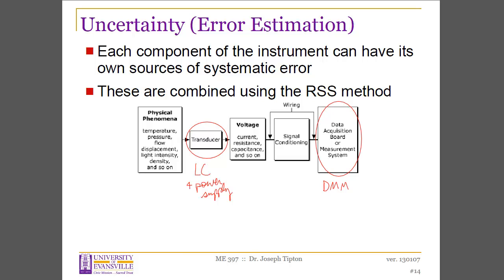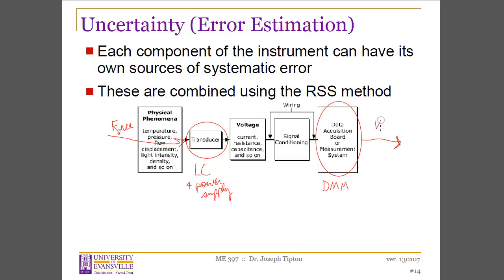In this case, our physical phenomenon is going to be a force. That force is turned by the load cell into a voltage, which is then passed by wiring into the data acquisition card.